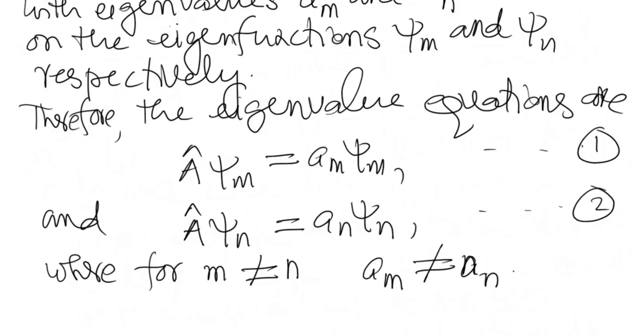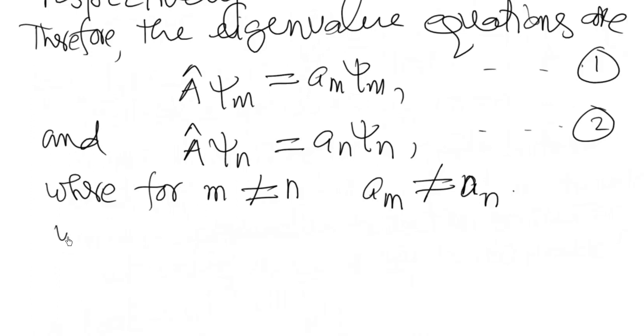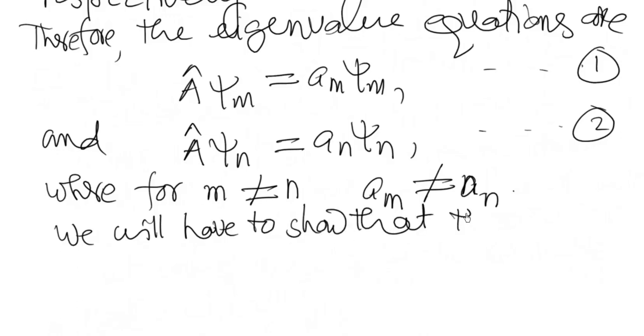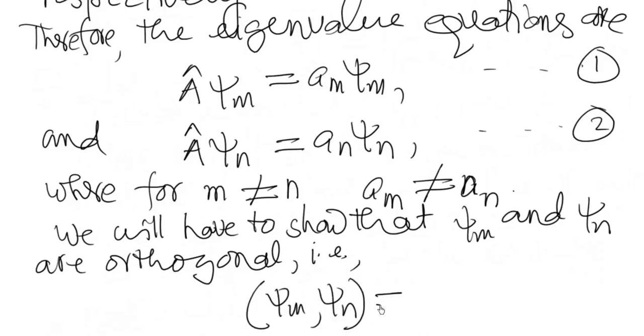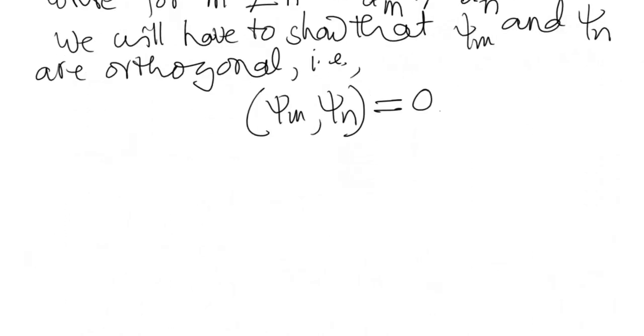Then we will have to show that psi m and psi n are orthogonal. That is, the inner product of psi m and psi n is 0. So if the inner product of two eigenfunctions is 0, that means the eigenfunctions are orthogonal to each other.